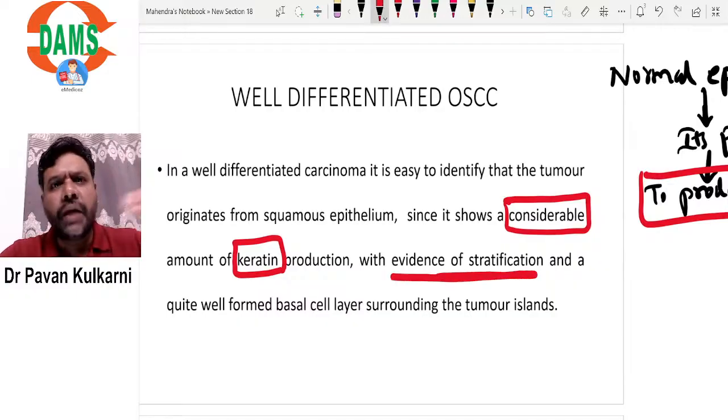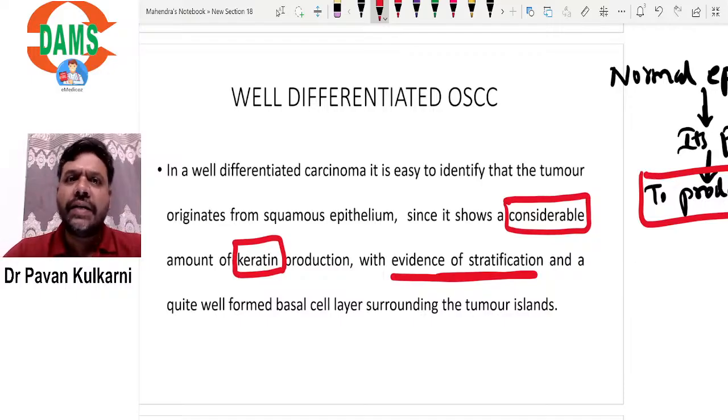Along with that, there is evidence of stratification. Normally in normal epithelium you will see layers: stratum basale, stratum spinosum, stratum granulosum, stratum corneum, right? Even well differentiated squamous cell carcinoma will show layers.